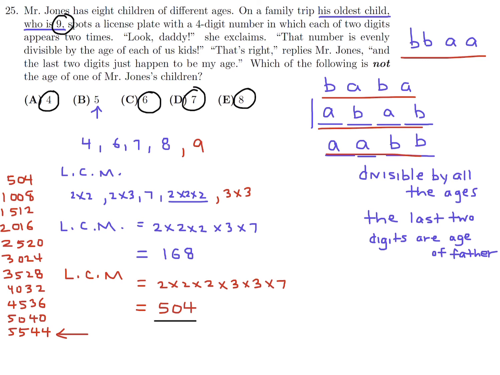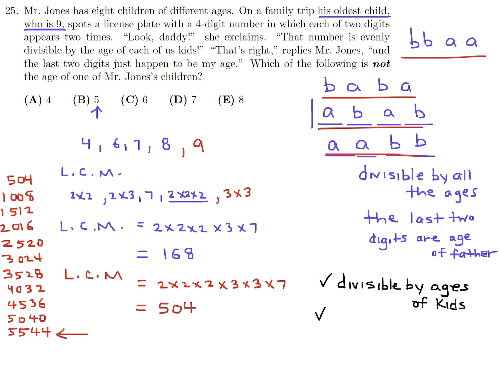We know that for a fact because we've basically got the LCM. Okay? So that's the first criteria. Second criteria is the number has to have only 2 digits, and each of those 2 digits has to be repeated twice. So the digit criteria is definitely met because the number is 5544.